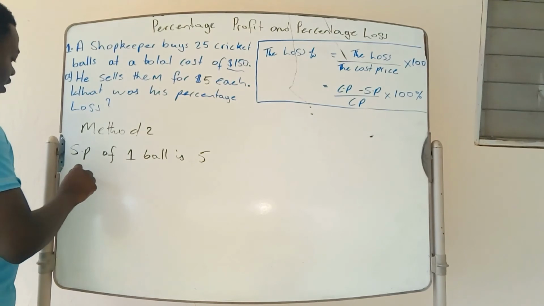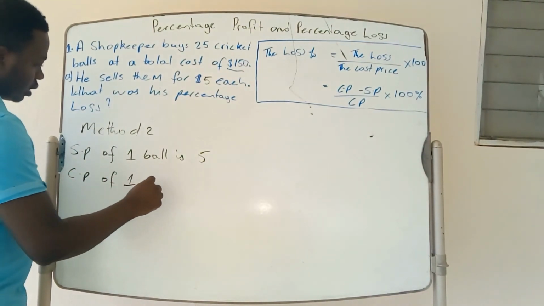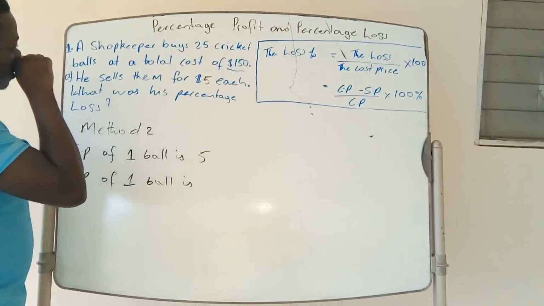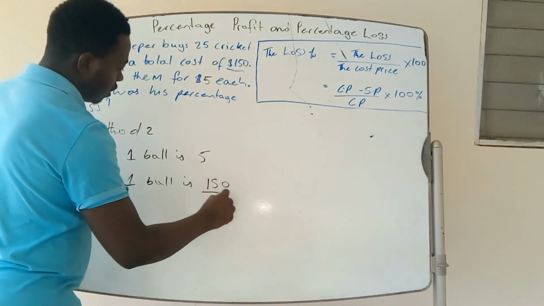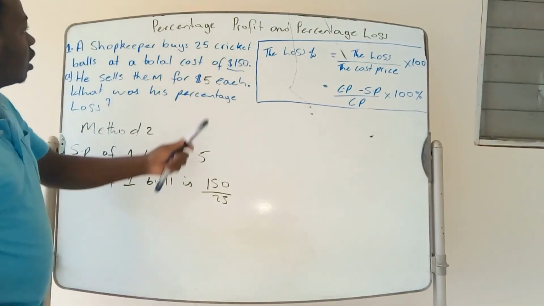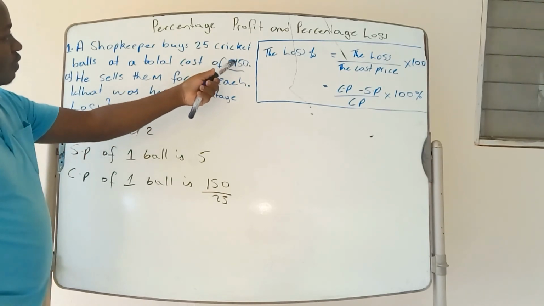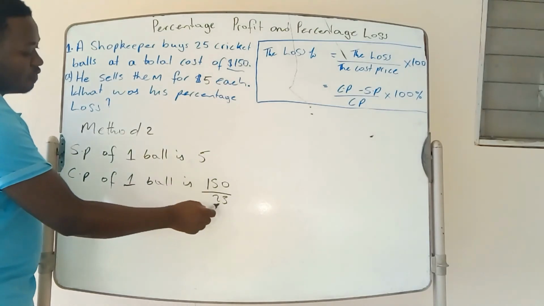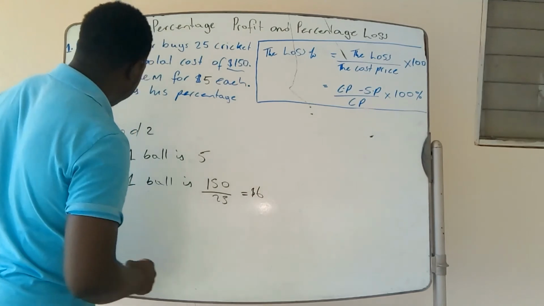You know that the cost price of one ball is going to equal 150 divided by 25, right? Because if 25 balls cost 150, then 150 divided by 25 will give you the cost of one ball. So 150 divided by 25, that's going to be $6, right?